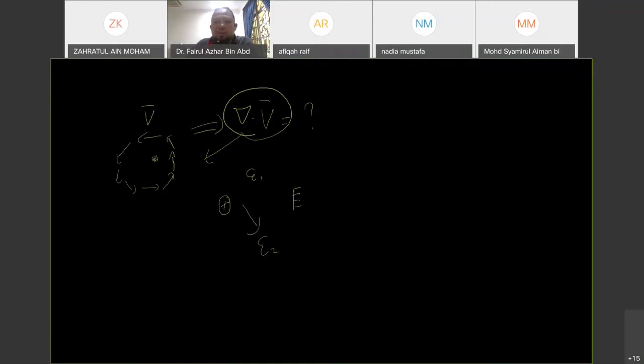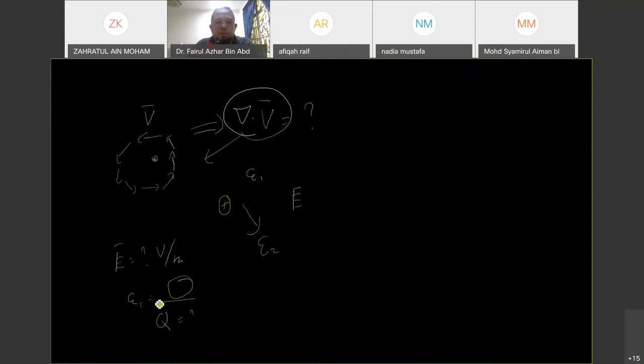Okay, so let's say we want to achieve E equal to some number of volt per meter, for example. And given the epsilon, for example, what is the value of Q?